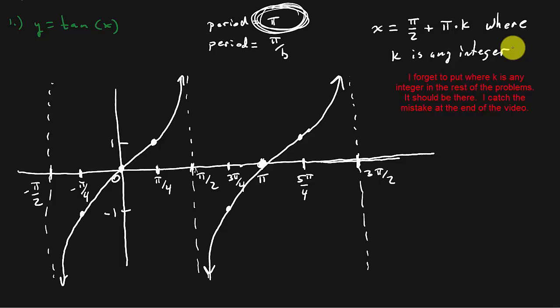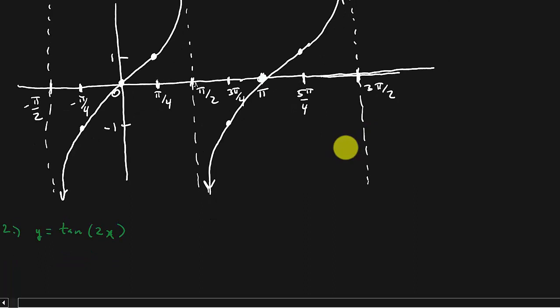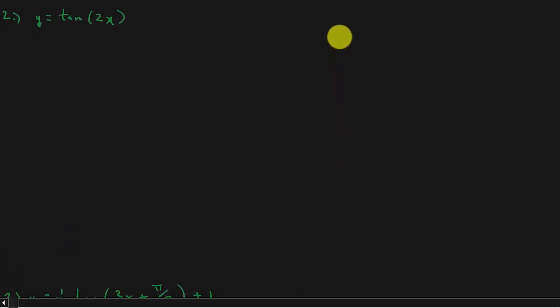All right, let's look at the next example. I've got y equals tangent of 2x. Remember, to graph tangent and cotangent, you've got to get two adjacent vertical asymptotes. Now, we know with just tangent x, we had vertical asymptotes at negative pi over 2 and pi over 2.